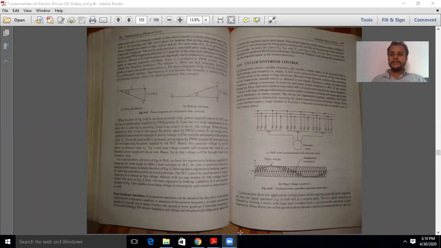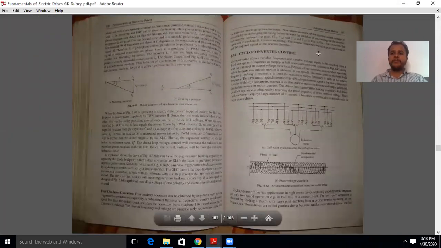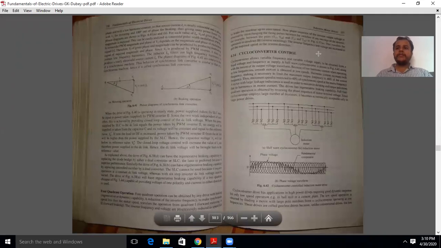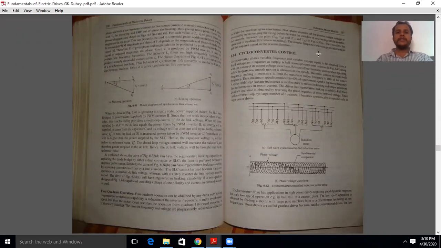In this case, first we will see the cycloconverter control. By using the cycloconverter control also, we can control the speed of the induction motor.